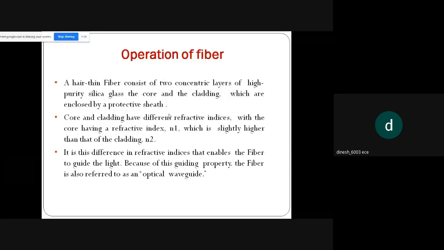It is this difference in refractive indexes of the core and cladding that makes the fiber guide the light to move from one end to the other end. Because of this guiding property, the fiber is also referred to as an optical waveguide. Thus the name optical waveguide is given to optical fibers.